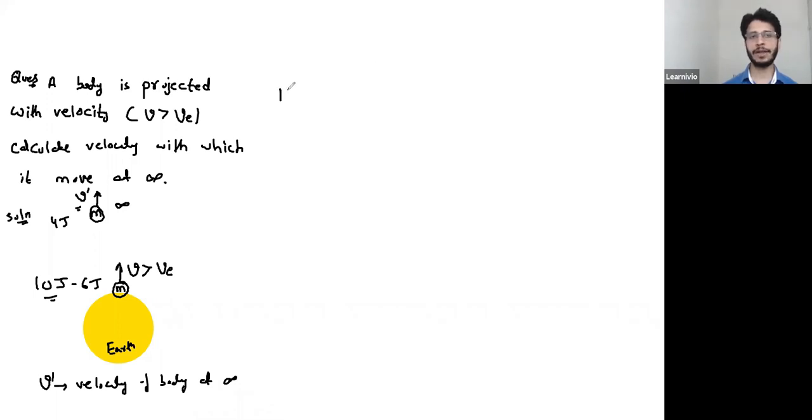So I can simply write this as the kinetic energy provided to the body. You have projected the body with velocity v, so the kinetic energy that you provided to the body is half mv square.